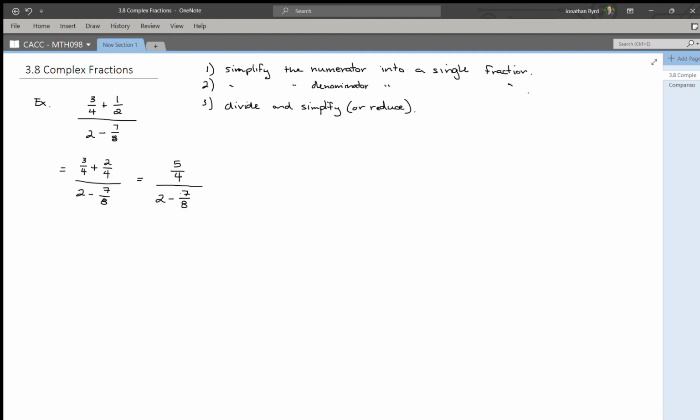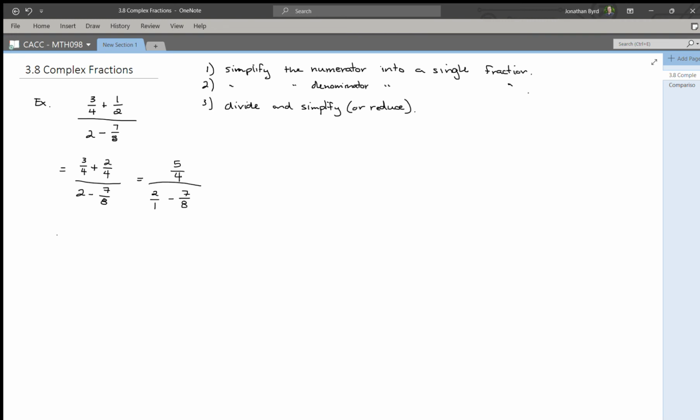Now, I need to convert 2 into a fraction that is something over 8. 2 is really a fraction. It's 2/1.